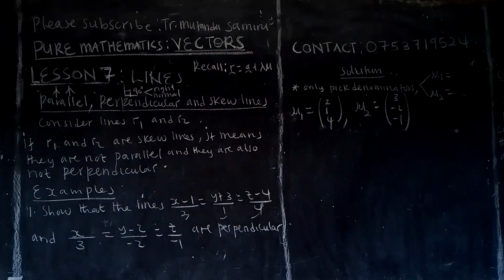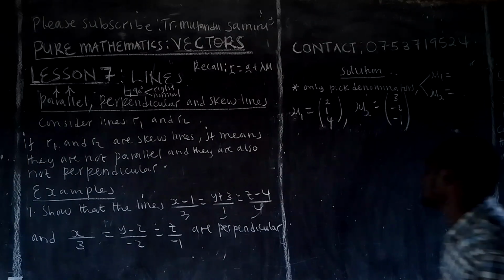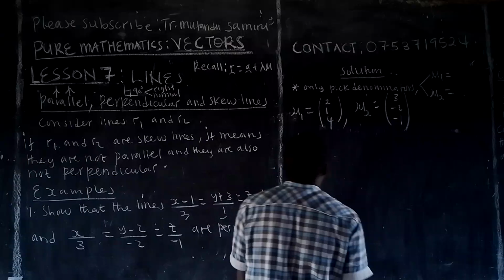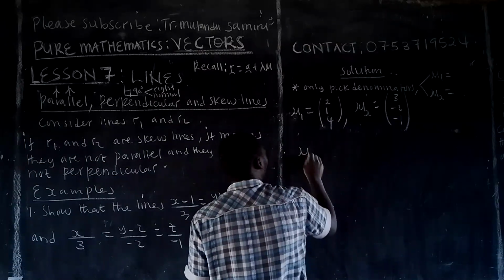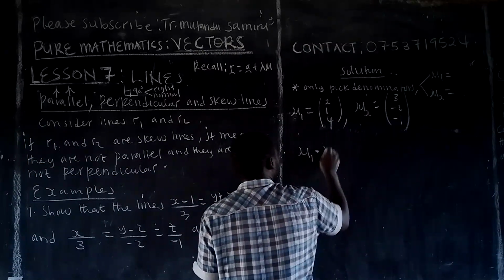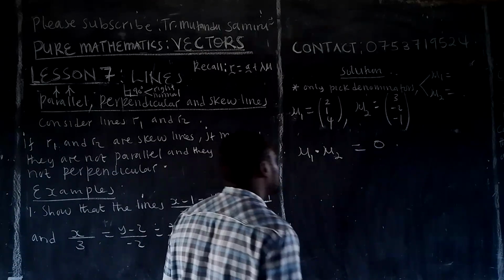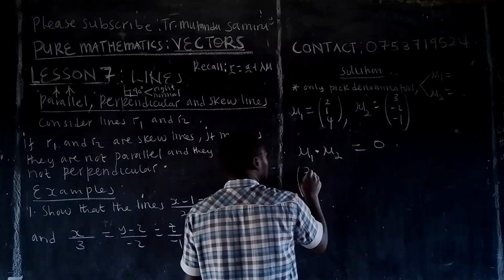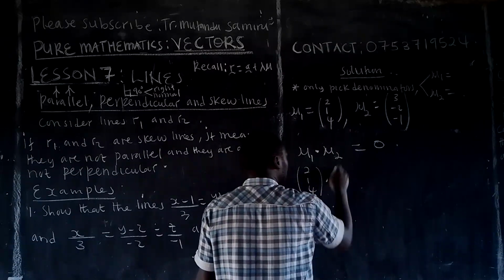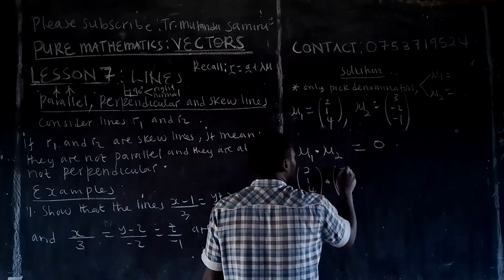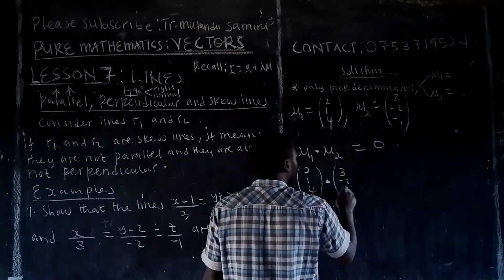To prove whether it's perpendicular, you only deal with the direction vectors, or the denominators only. The rest is just a story. So now we say that mu1 dot mu2 must give us a 0 if indeed they are perpendicular lines. So 2, 1, 4 dot 3, negative 2, negative 1.